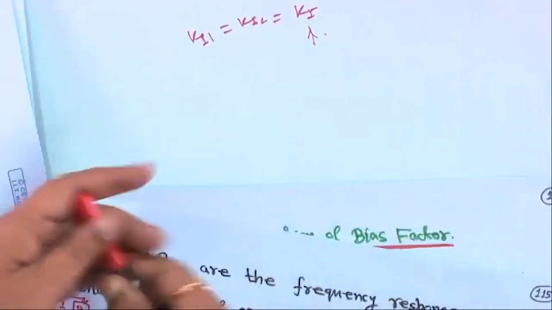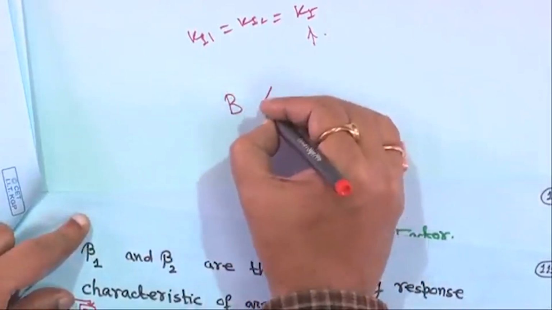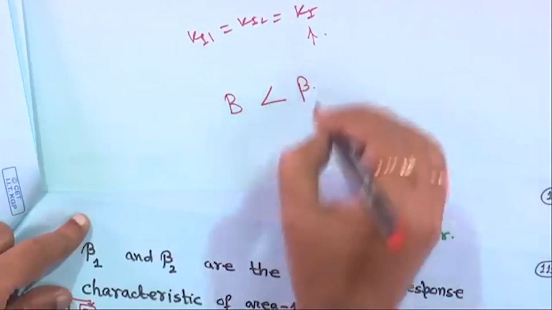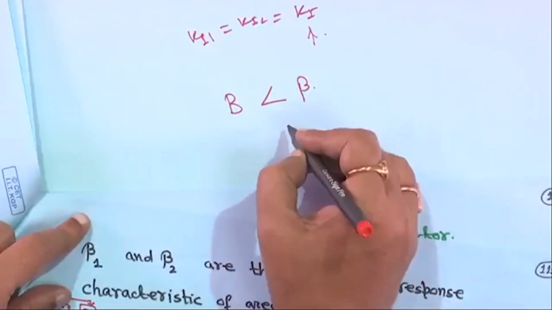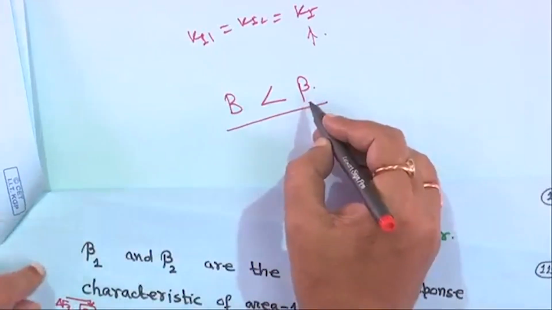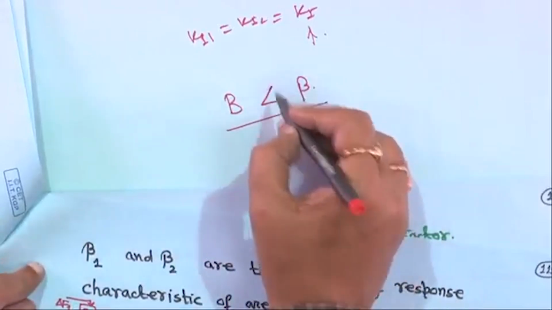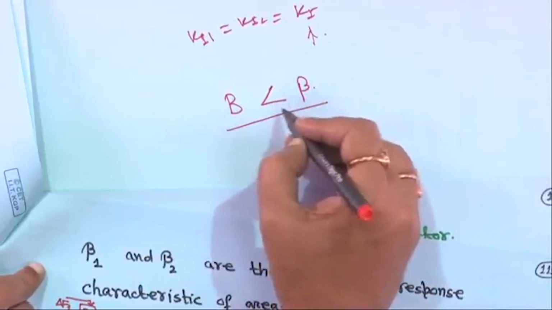This question I am putting to you, and if you can suggest the technical reason why, I will appreciate that. B greater than beta and B equal to beta are possible, but B less than beta is never possible; it is not at all recommended.